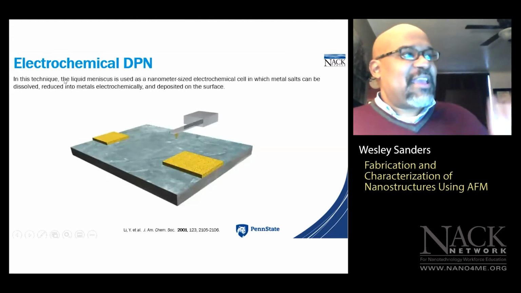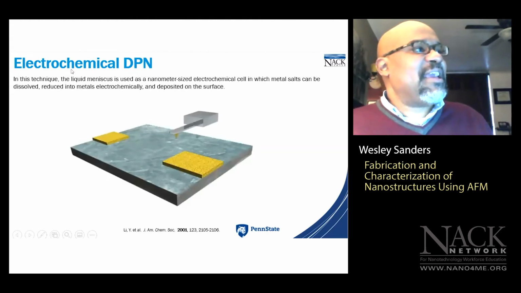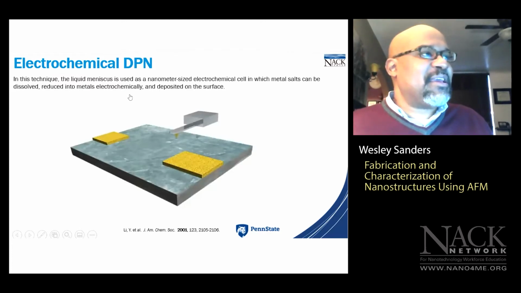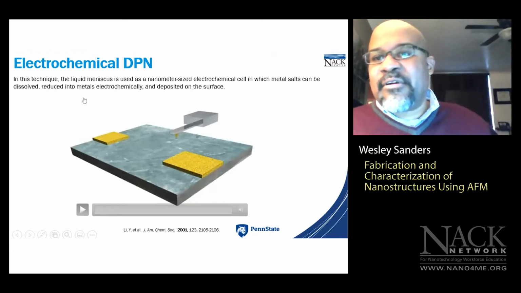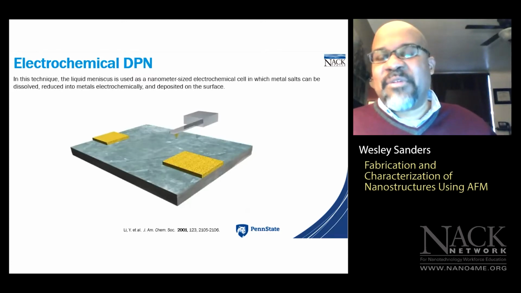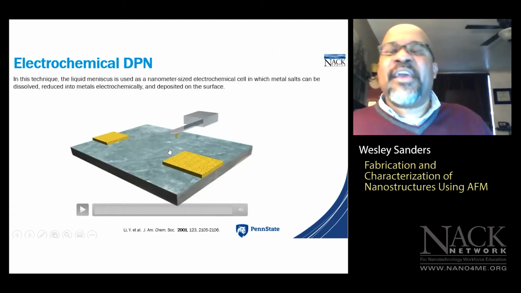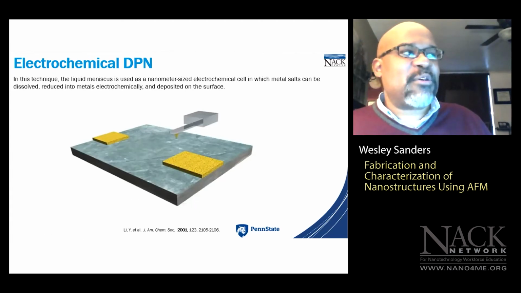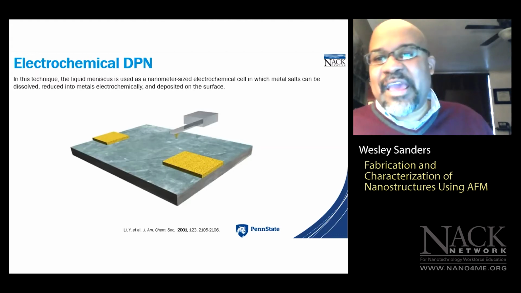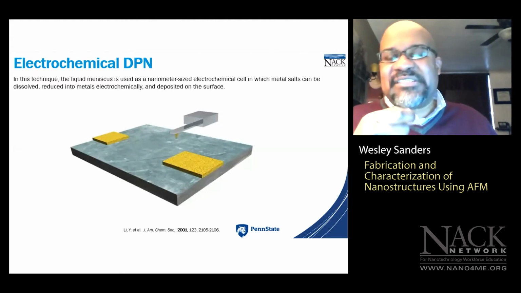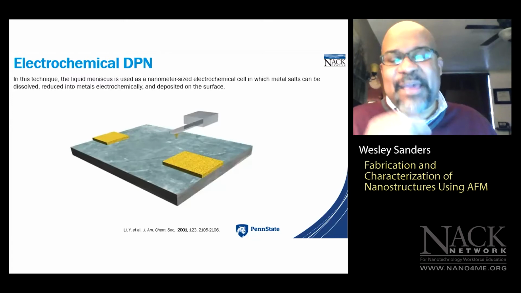So the next technique involving DPN is an electrochemical method. This is electrochemical DPN. Now, unlike the other DPN methods we discussed previously, this method will involve the use of an electrolyte or fluid. Okay, so if you want to perform electrochemical DPN using AFM, you need to have a fluid cell attached to your sample stage.